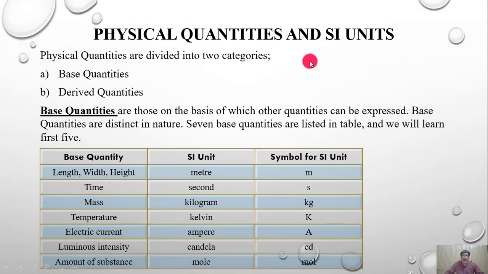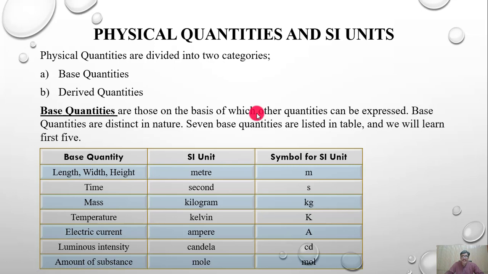Physical quantities are further categorized into two: base quantities and derived quantities. So let's talk about base quantities. Base quantities are those quantities on the basis of which other quantities can be expressed.